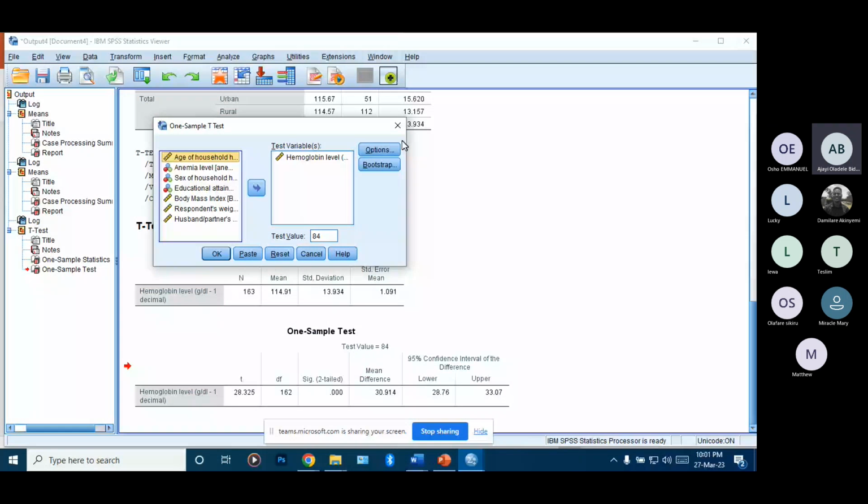I'm resetting this. By default, this is what you have. So your test variable, the variable that you want to test, you send it inside. I used the hemoglobin level. You send it inside the box. And the hypothesized mean that you want to test it against, you put it in the test value. We used 84. And that is all.